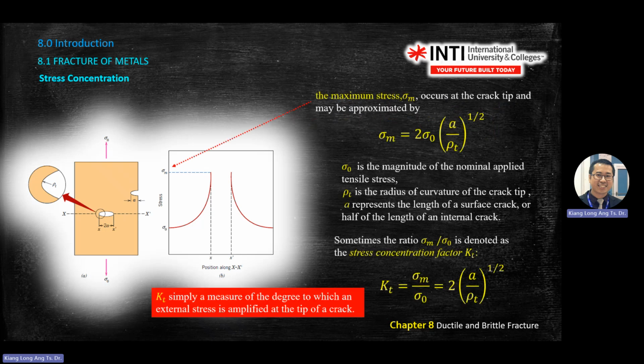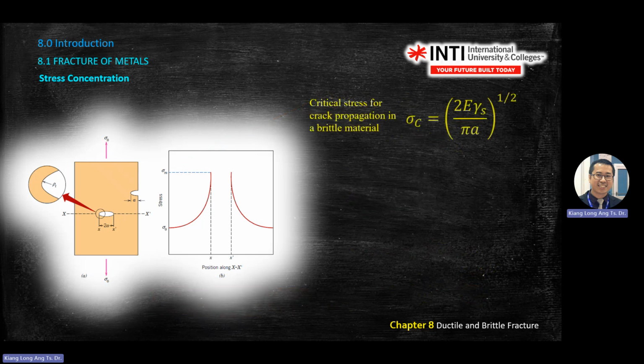Another equation is called the critical stress that initiates the crack. You pull until one value, where the crack starts to happen. It's called the critical stress, sigma C, meaning the crack has started, or starts to propagate.